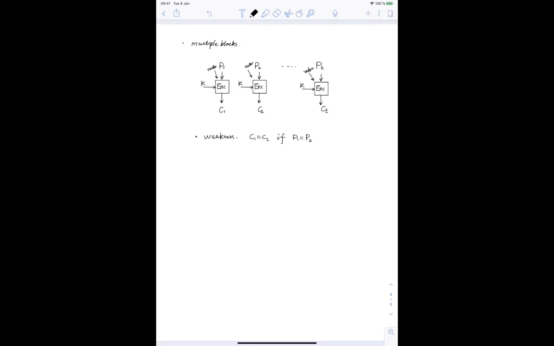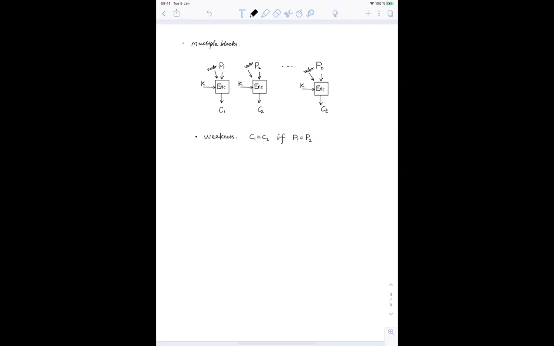We need to make them different. And how can we get different extra inputs? One idea is to use the output of a previous block as the input to the next block.